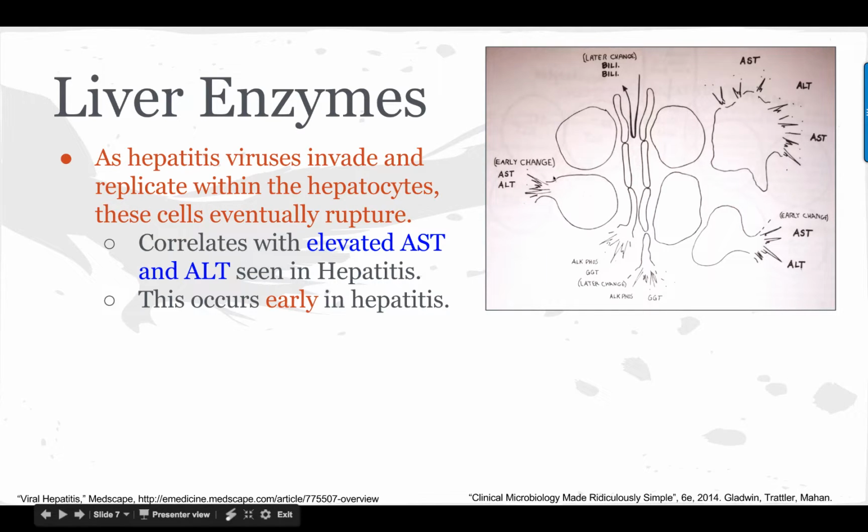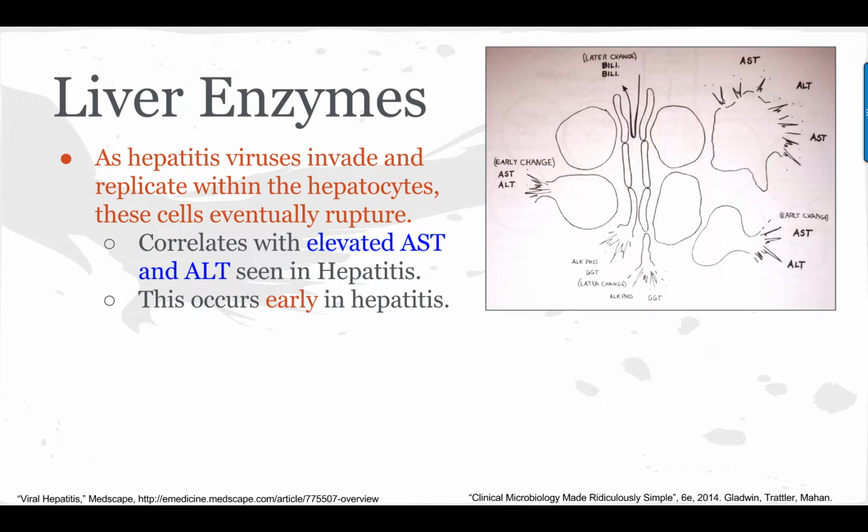Like we talked about in viral infections, the virus is going to get into the hepatocyte, take over the machinery, and replicate at a fast rate until it causes the hepatocytes to rupture and burst. When this happens, that's when AST and ALT are released into the system. So when hepatocytes rupture, AST and ALT levels in the blood increase.